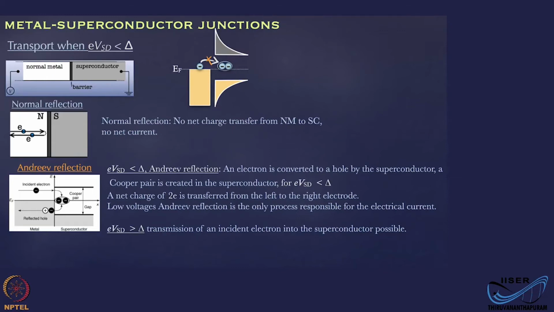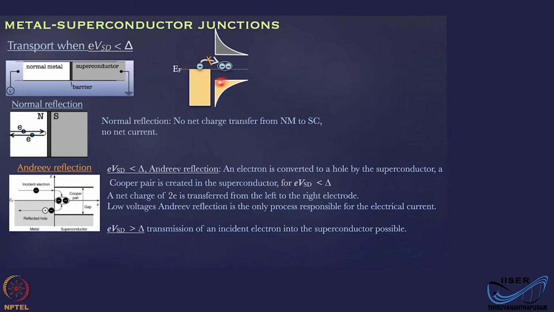Now, let us look at the density of state for a normal metal and a superconductor, and consider the transport mechanism when the applied voltage is less than the superconducting gap delta. So that is the situation. You have normal metal on one side and you have superconductor on the other side. As you know, the states are completely filled on the normal metal side until the Fermi energy.